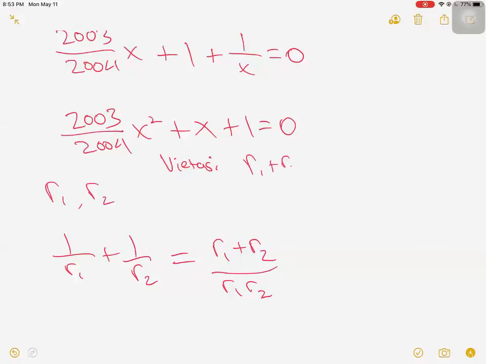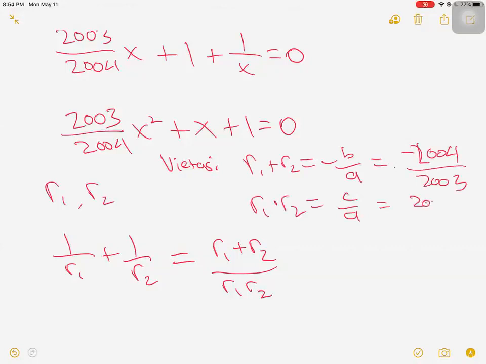r1 plus r2 is simply equal to negative b over a, which is negative 2004 over 2003. And then r1 times r2 is going to be c over a, which is just positive 2004 over 2003.